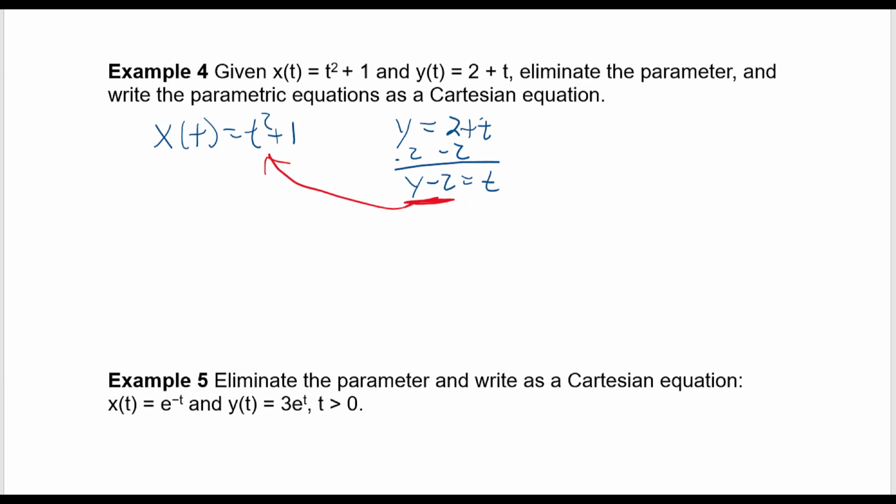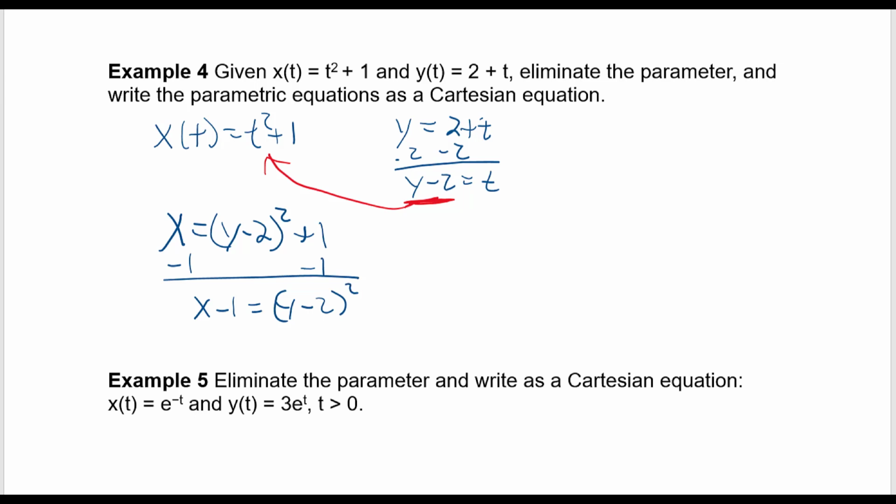So it'd be x, I'm going to drop the t now, x equals y minus 2 squared plus 1. And we'd have x equals, if I expand that, let me think, maybe I won't expand it. Maybe I will solve for y, I'll subtract 1 from both sides. I have x minus 1 equals y minus 2 squared.